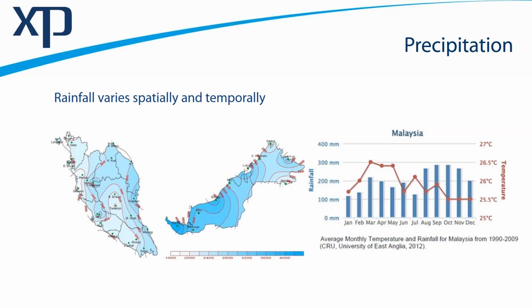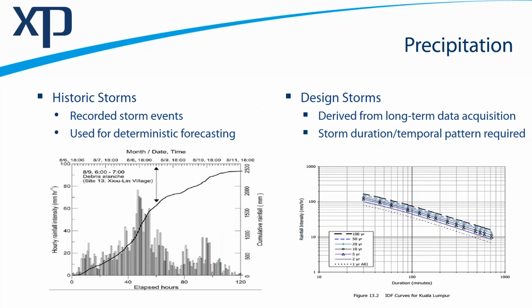I've seen this sort of information for places in India, obviously Malaysia and parts of China, Japan, Korea, and definitely Australia. Australia has these maps as well. So rainfall.